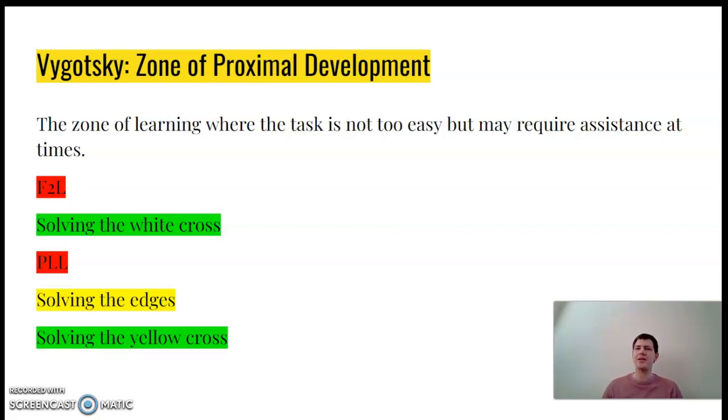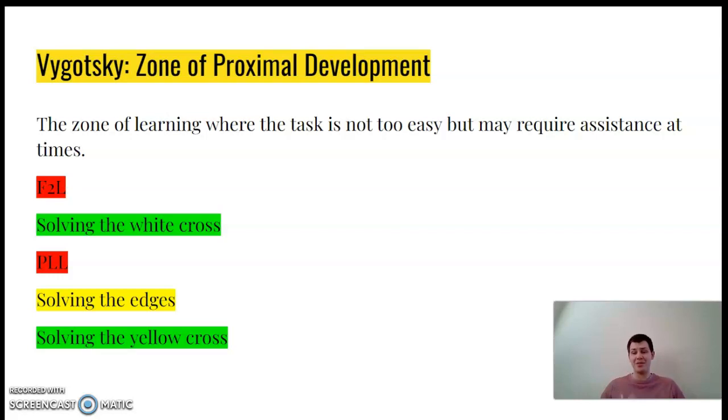Solving the white cross, that's important, and that's what I would say is easy enough for my brother to do, but not too easy to where he gets bored. Again, PLL is an advanced method where it's part of the last process of solving it, and that's just too hard.